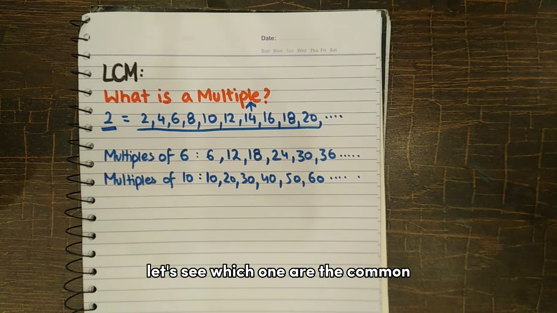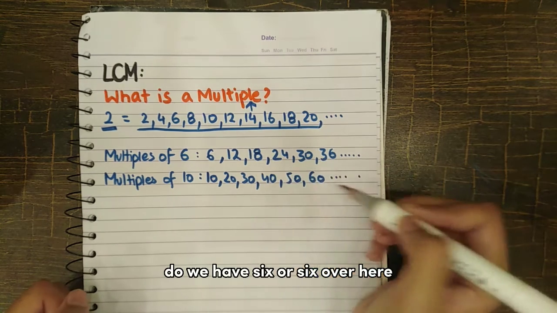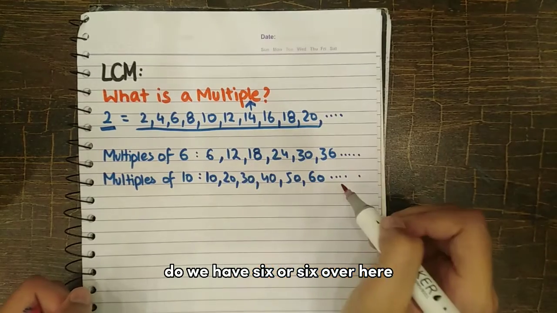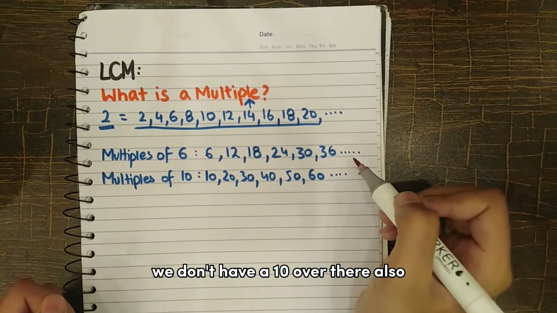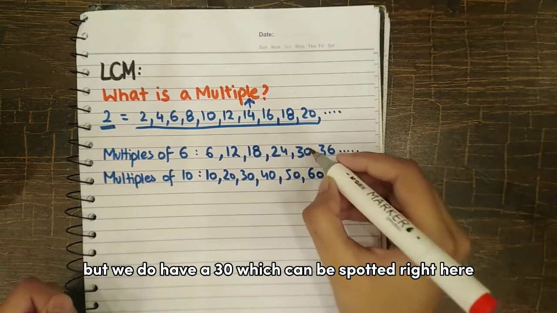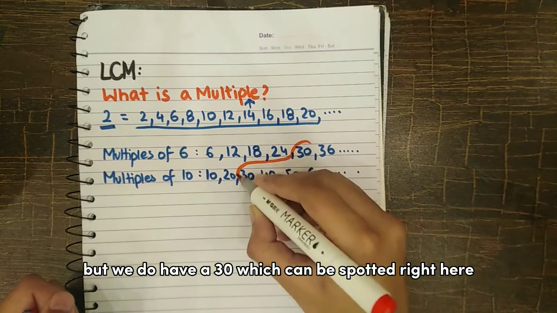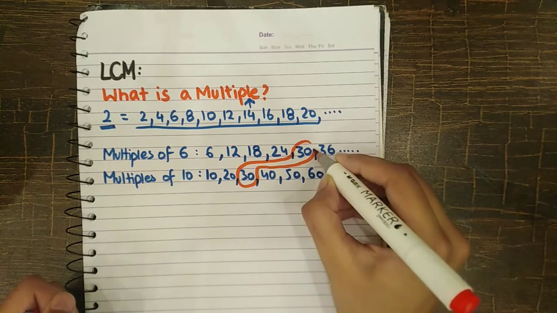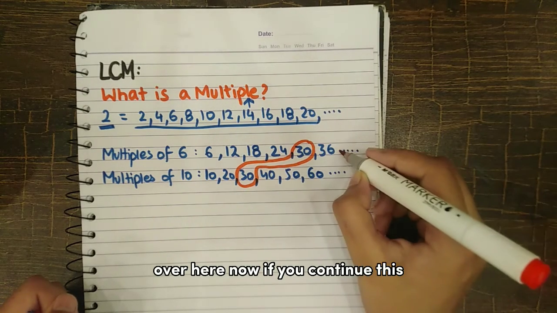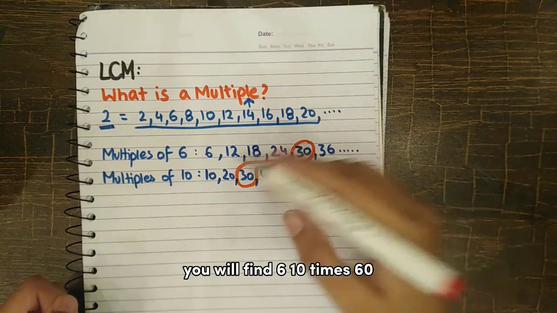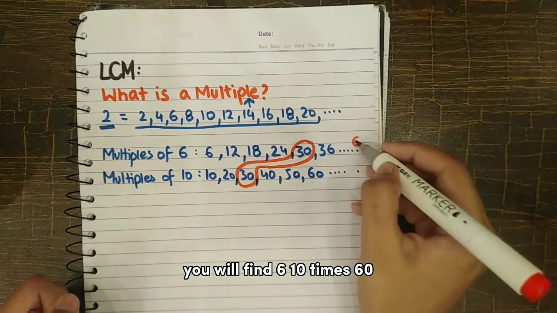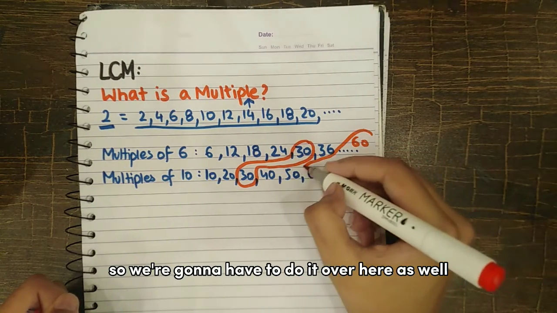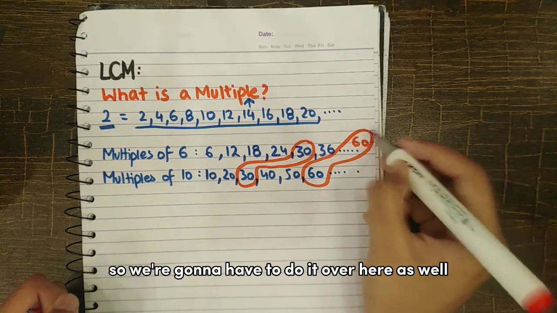Let's see which ones are common. Do we have 6 over here? No, we don't. We don't have a 10 over there either. But we do have a 30, which can be spotted right here. Now, if you continue this, you will find 6 times 10 is 60. So we're going to have to write it over here as well.